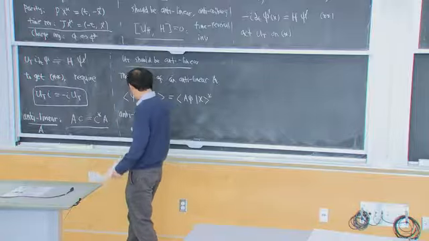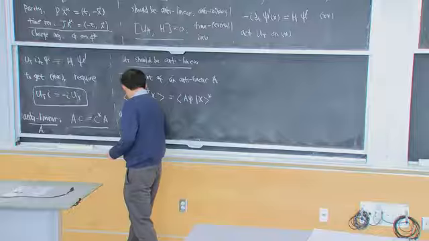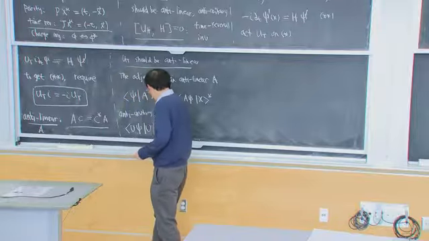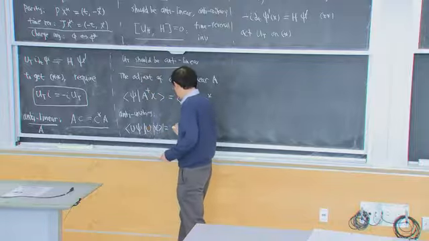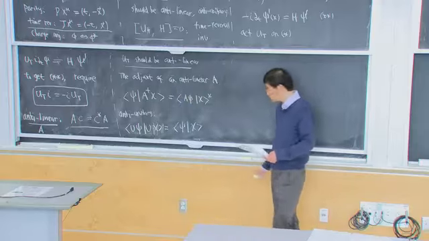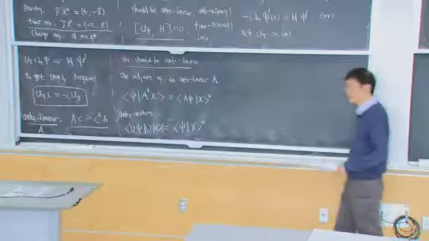An operator being anti-unitary means, with U psi, U chi, the standard unitary condition is that this is equal to psi, chi. And now for the anti-unitary, again, you just put a star.